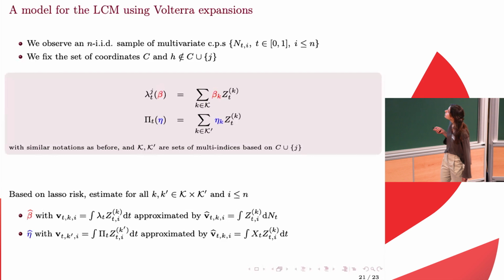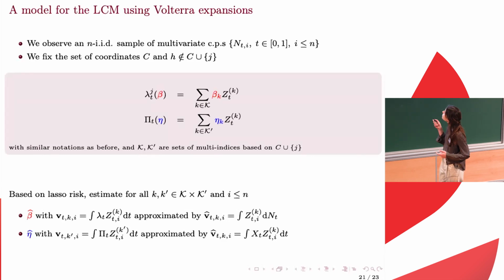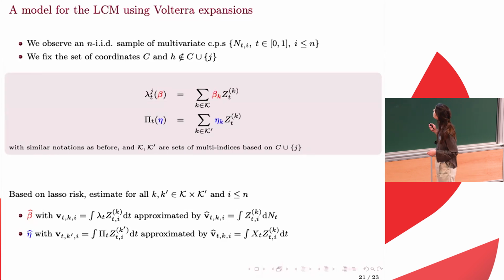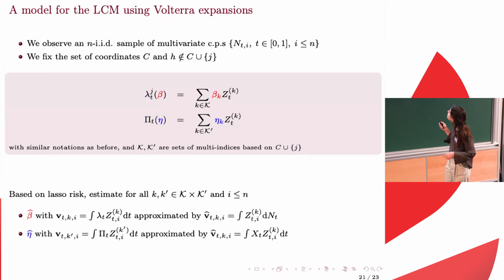And you remember we needed a model for the intensity process of the outcome process coordinate J, and we wanted a model for the predictable projection related to the treatment that I give. All right, so we can suppose that they are modeled according to what I proposed earlier, and the goal is to be able to learn these parameters beta and eta, where I use similar notations.